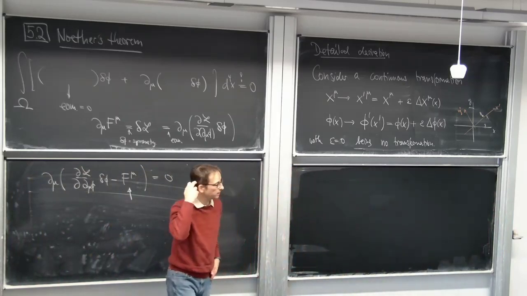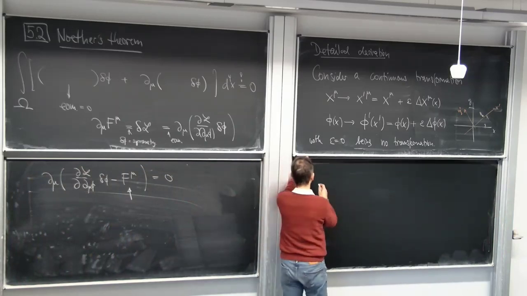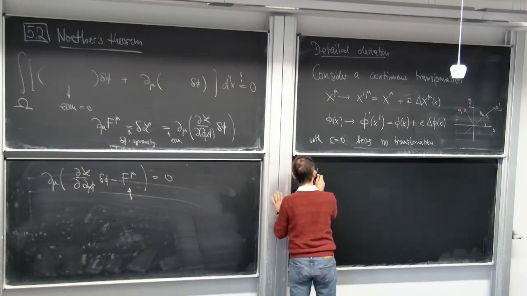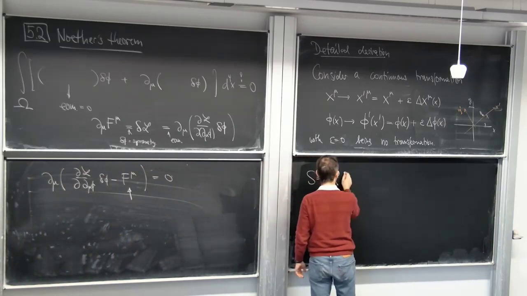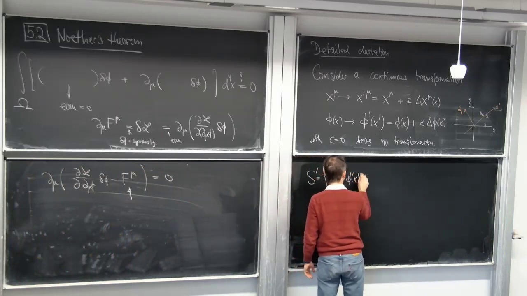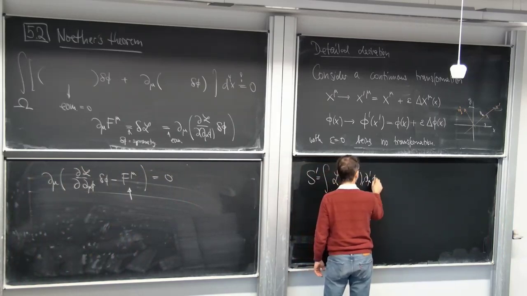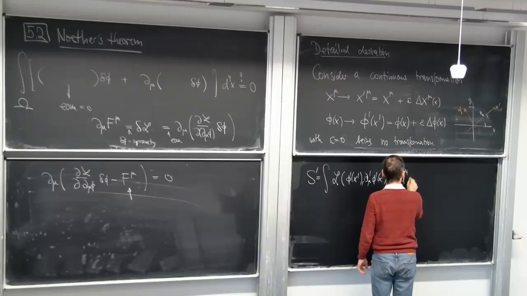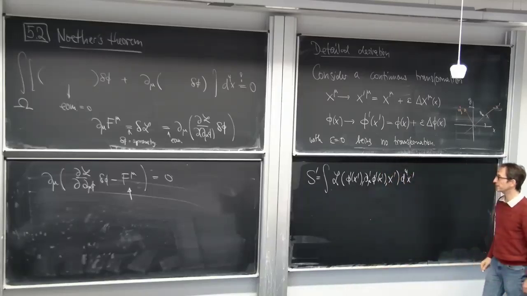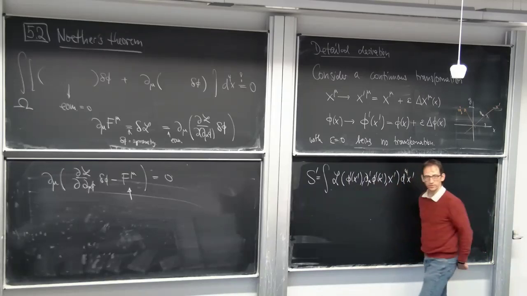Now, the condition for being a symmetry is this. We write S prime, the action, for everything new, L of phi prime, x prime, mu prime, phi prime, x prime, integrated over x prime. So this is everything new, except for the Lagrangian of the theory. What would that be?